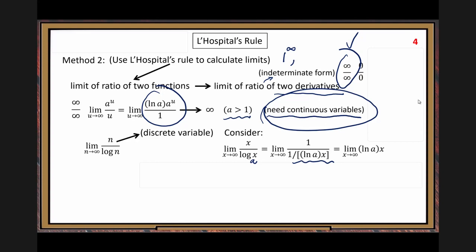Natural log of a is a constant. It's a positive constant, because a is greater than 1, so this natural log is a positive number. A positive constant times x, but x goes to infinity, so the whole function goes to infinity.